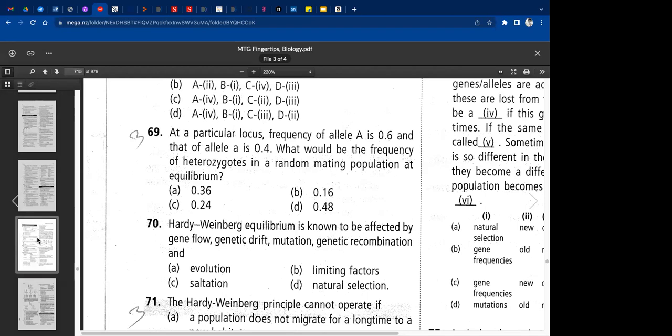So all of you are giving correct answers. Very few of you have given wrong answers at times. So the correct answer is option D, 0.48, because you know how to do it now.